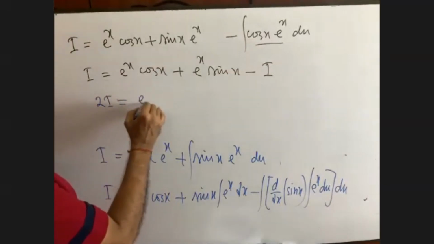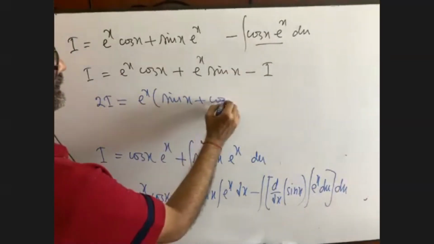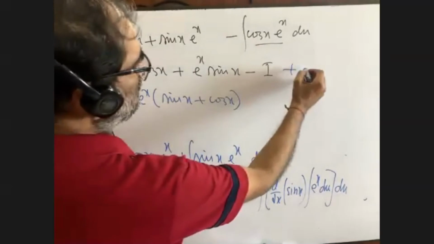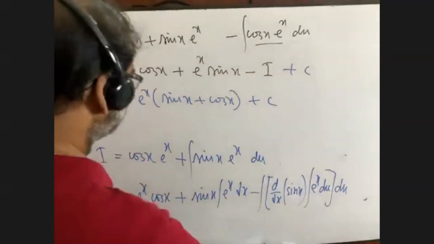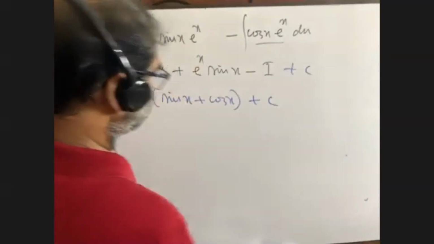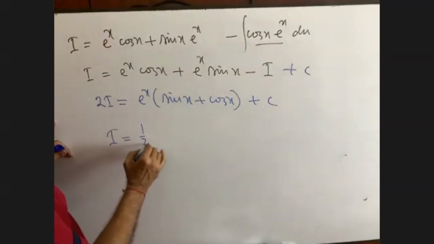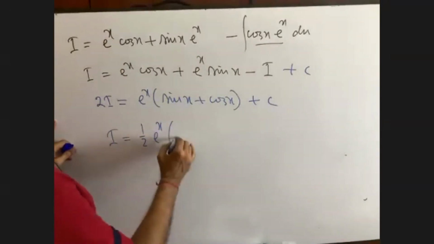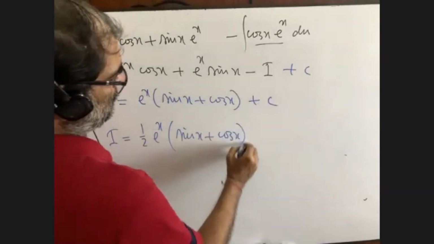That is e to the power x, sin x plus cos x, plus c. So I is equal to half e to the power x, sin x plus cosine x plus c.